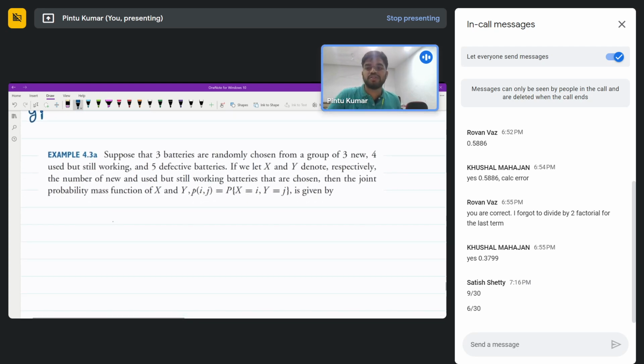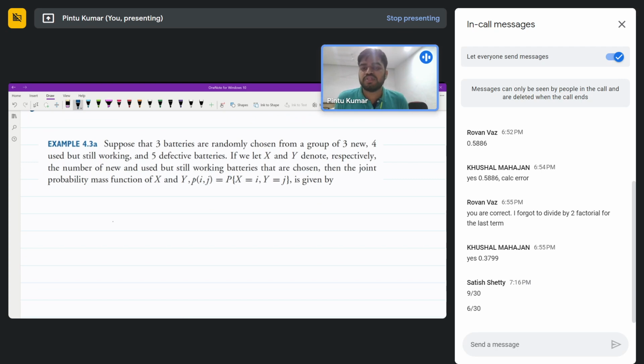The question says, suppose that 3 batteries are randomly chosen from a group of 3 new, 4 used but still working, and 5 defective batteries. There are 3 batteries that we have chosen. Now let X and Y denote respectively the number of new and the used but working batteries.